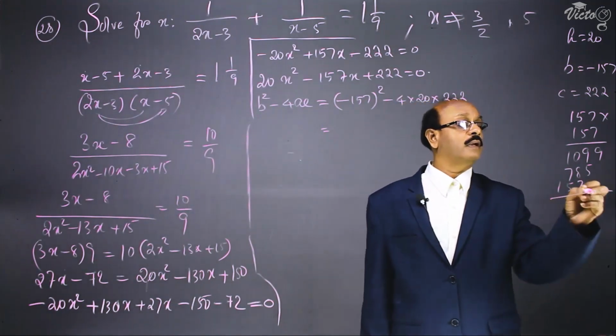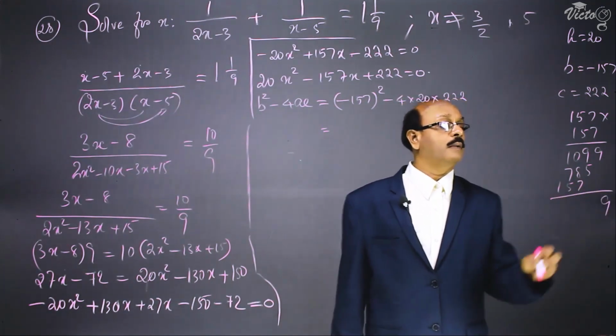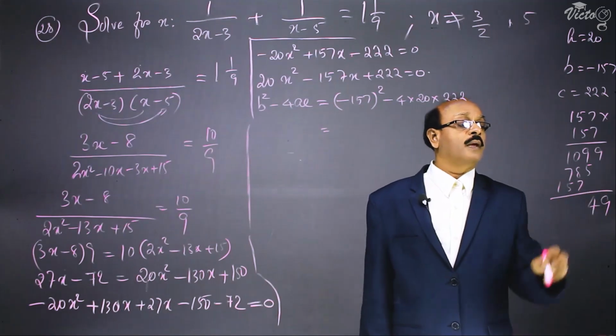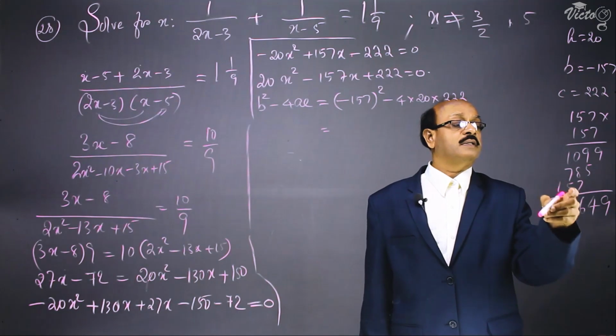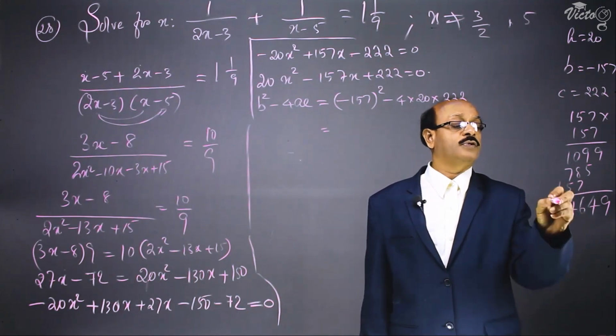Then 9 plus 5 is 14, 7 plus 1 is 8, plus 8 is 16, 6, 7 plus 7 is 14, 2.